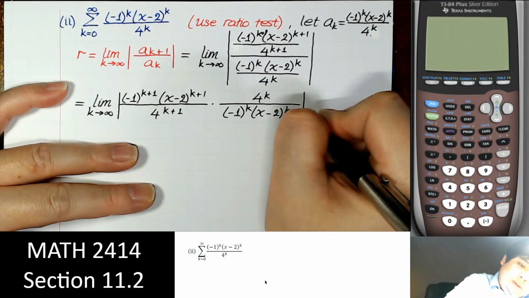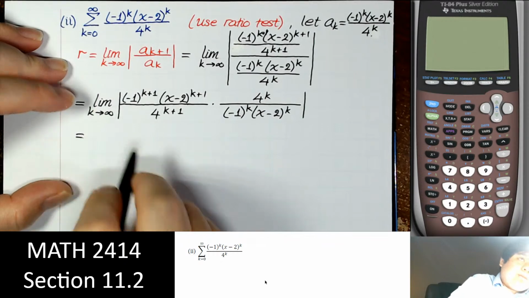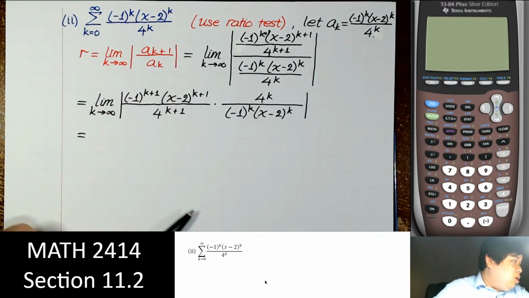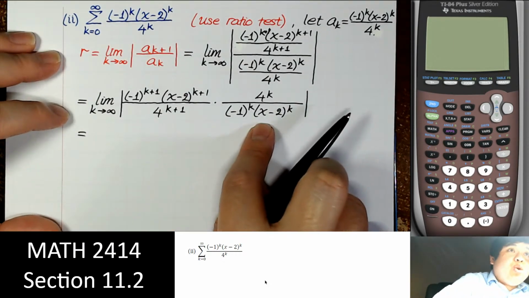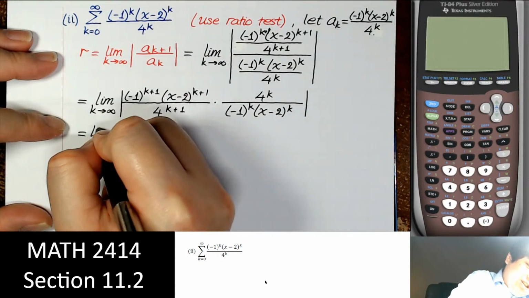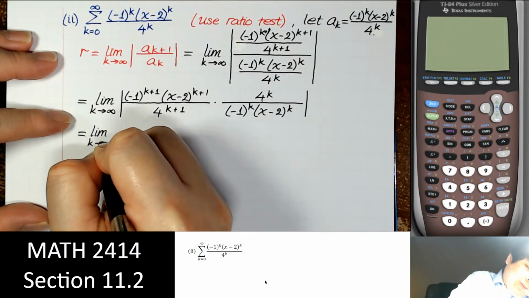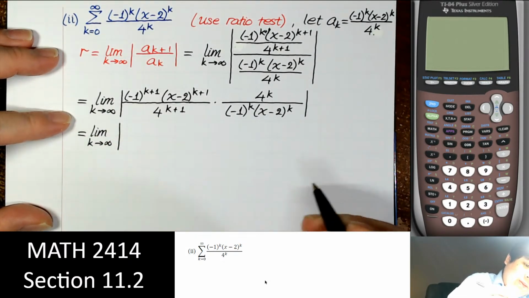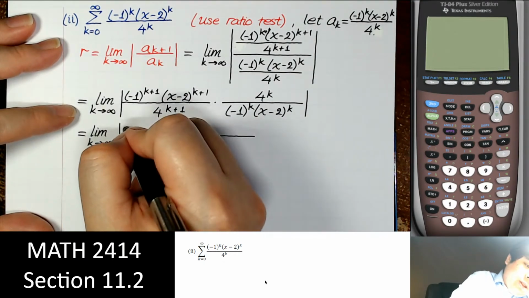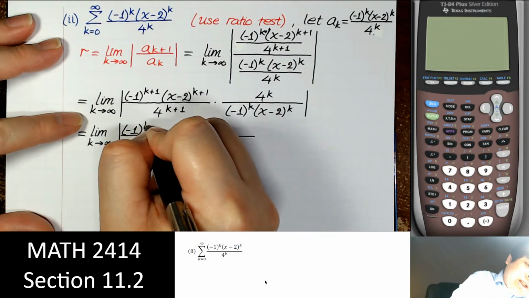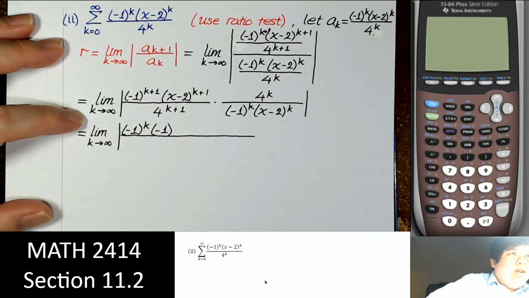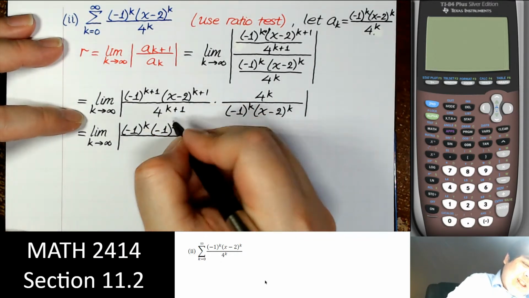Right, now the k plus 1, k plus 1, k plus 1, we need to split to cancel as much as possible with this. Negative 1 to the k, negative 1 to the first, why not?